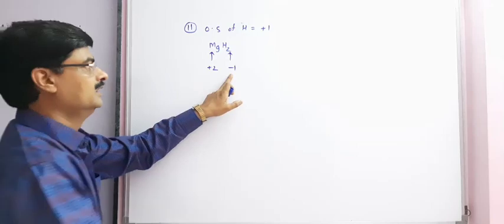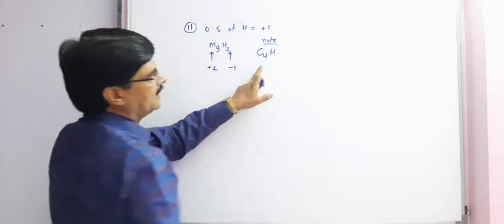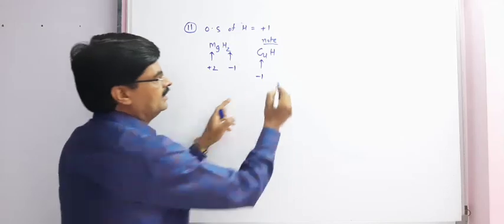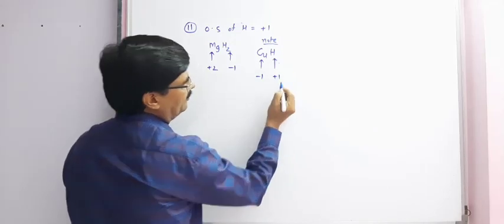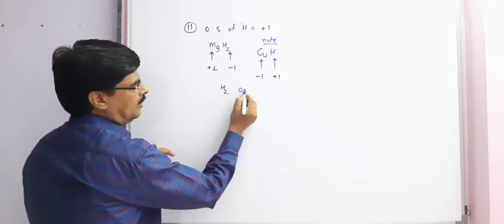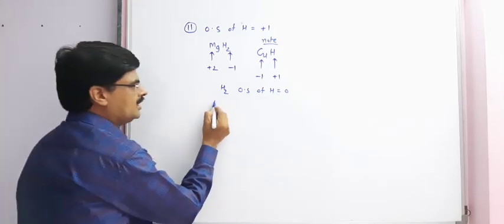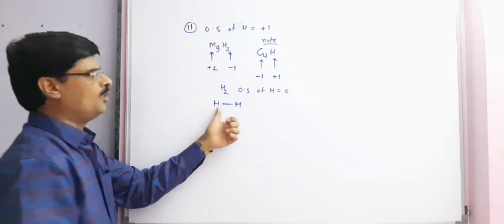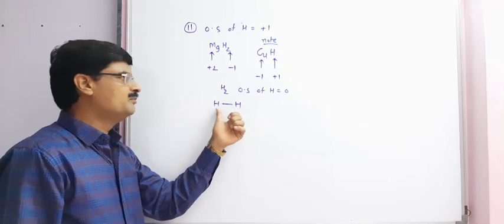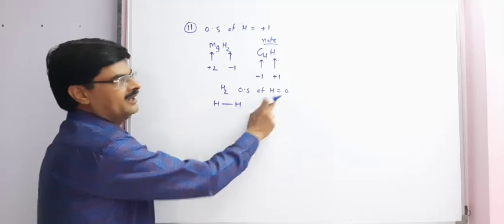In case of CuH, Cu has -1 oxidation state, so hydrogen will have +1 oxidation state. In the case of H2, the oxidation state of hydrogen is equal to 0 because a single covalent bond is present between them, as there is no electronegativity difference between both hydrogens. That is why the oxidation state of hydrogen in H2 will be 0.